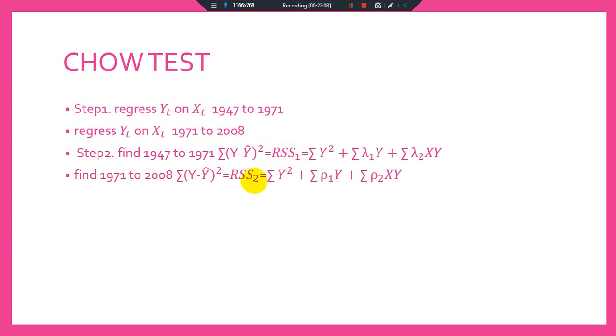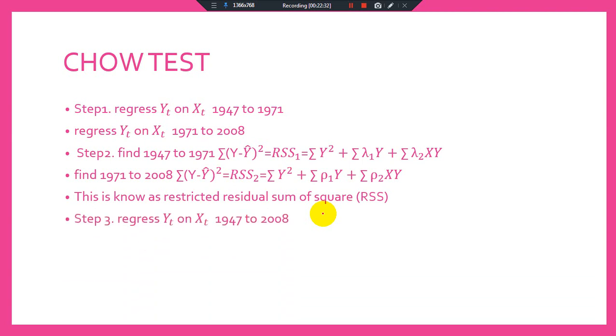So here we have the second residual sum of squares, and the formula for the second residual sum of squares is given here. This is step 1, step 2. These two residual sums of squares are known as restricted residual sums of squares, RSS1 and RSS2.